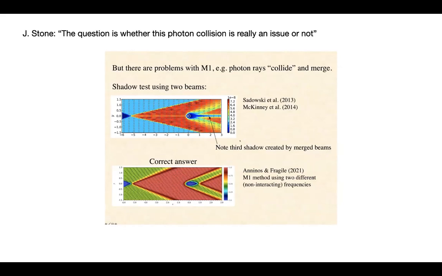When you add them together, their vector components can cancel out, and you get these funny effects where crossing beams add up to the average beam, and you get funny shadow effects. So this is really an extreme example of where the M1 method can go wrong.